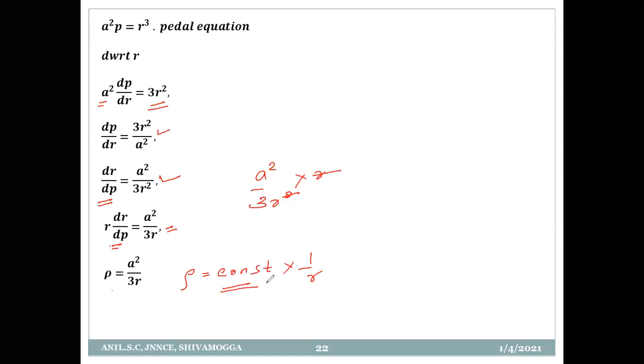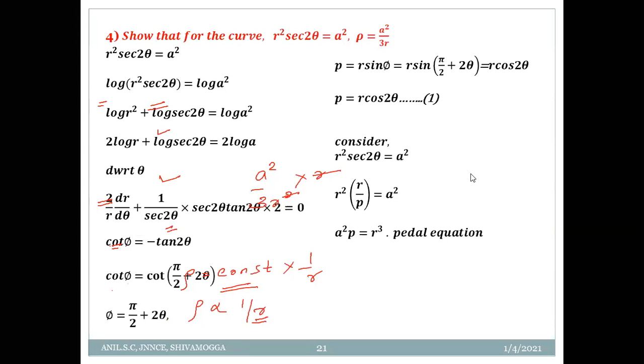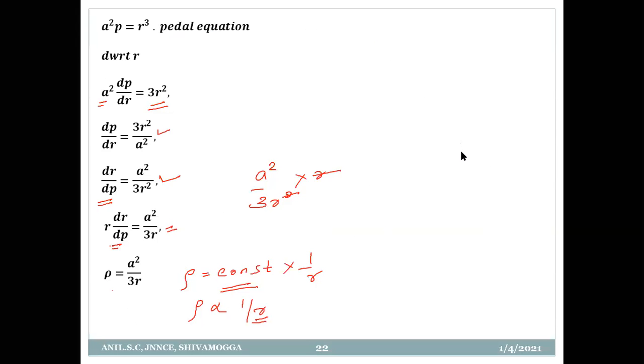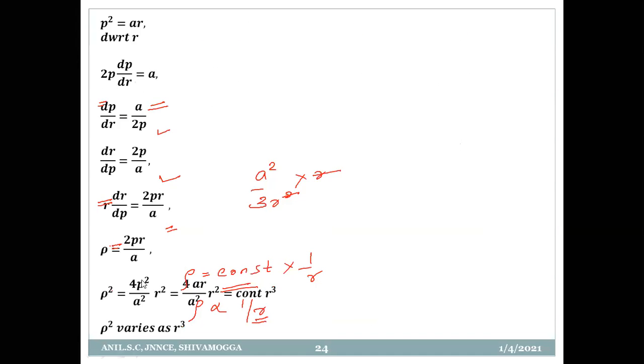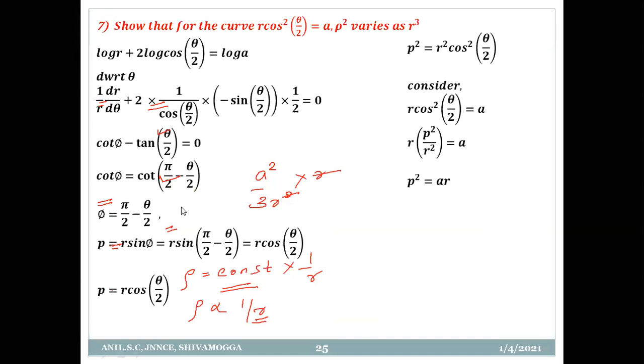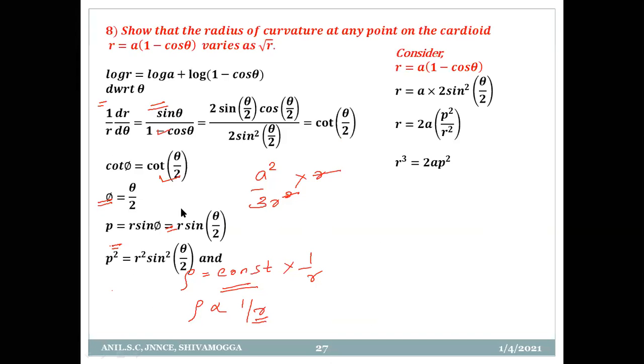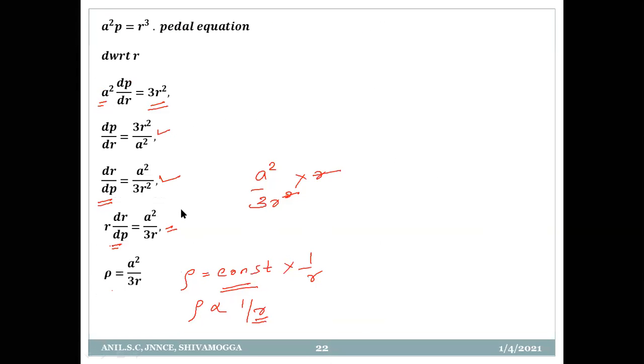Now remove this constant and put a proportionality sign. Rho is directly proportional to 1 by r, or you can say rho is inversely proportional to r. Rho is equal to a square divided by 3r. This is what is required.